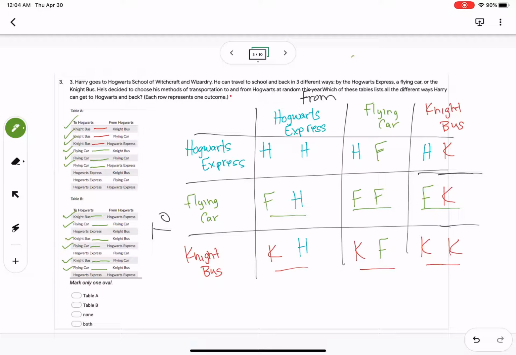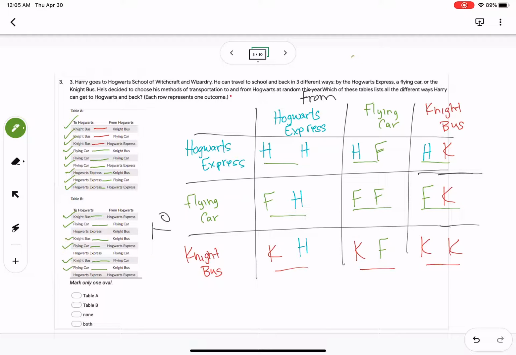All right, all that's left is when we start at Hogwarts Express. So we got Hogwarts Express to Knight's bus, Hogwarts Express to flying car, Hogwarts Express to Hogwarts Express. So that covered all 3 of those. So check, check, check. Now let's just make sure table B has them as well.